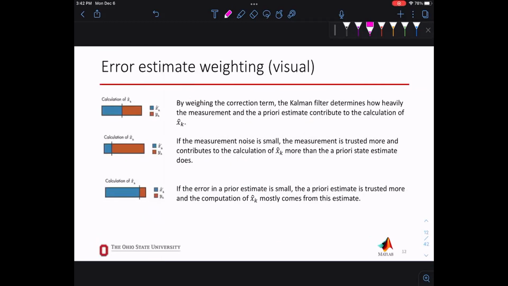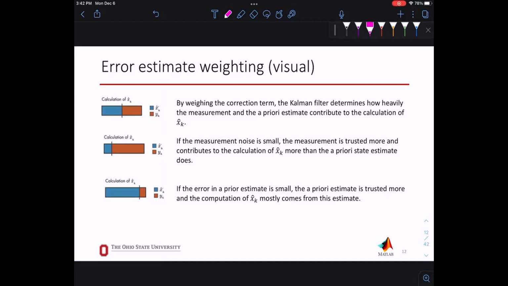When you're estimating the state, if you trust both the same amount, 50%, fine. If they're not equal, you can change the covariances.